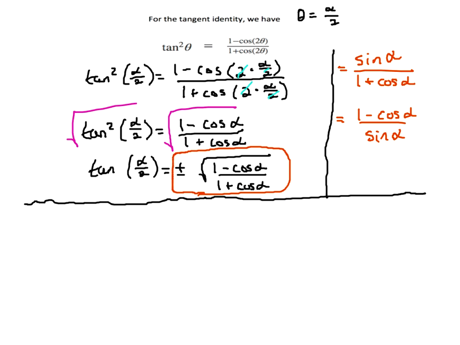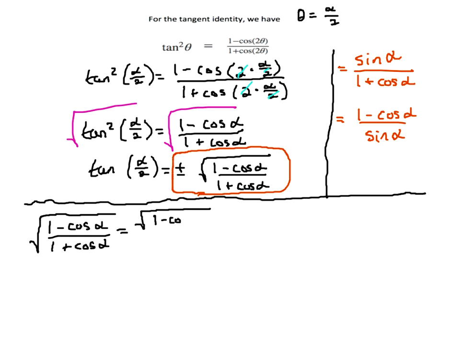And I'll show you how they got one of those. Like I said, the process for the other one is the same. So if we start out with the square root of (1 minus cosine alpha) over (1 plus cosine alpha). That's the same thing as the square root of 1 minus cosine alpha divided by the square root of 1 plus cosine alpha.